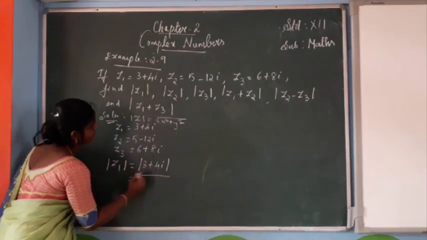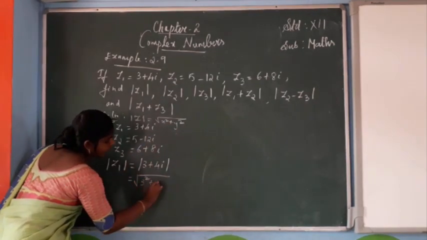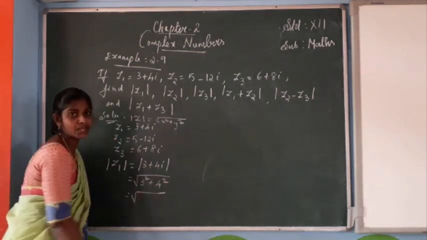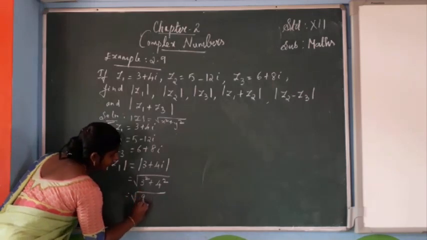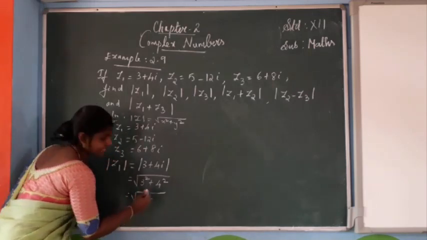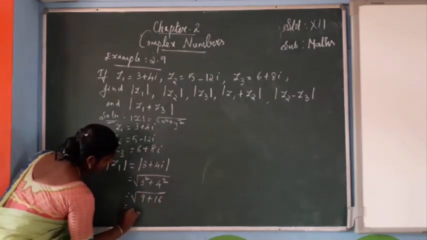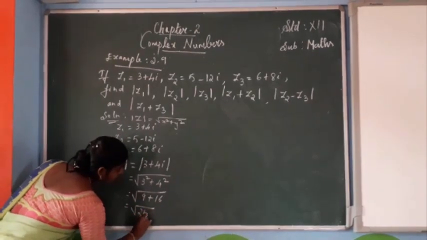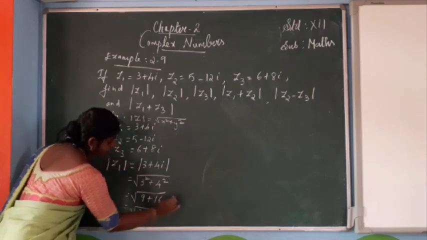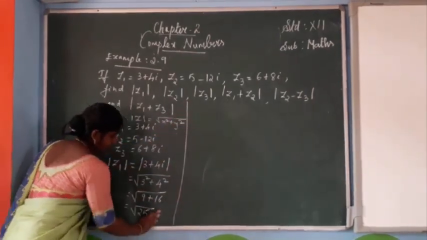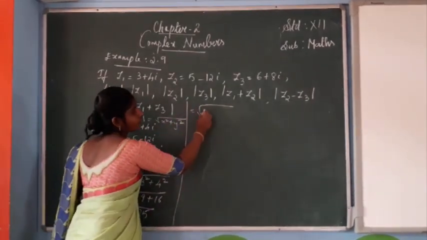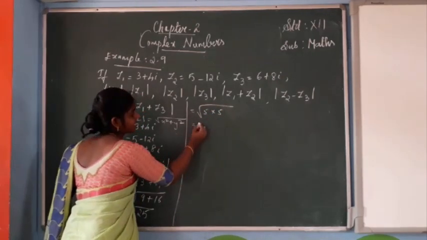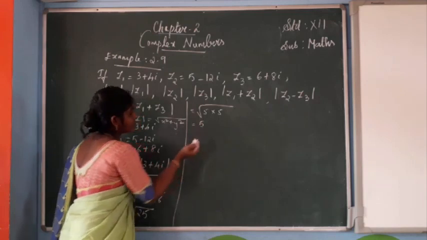So root of 3 square plus 4 square, that's equal to root of 3 square value 9 plus 4 square value 16, that's equal to root of 25, that's equal to root of 5 into 5, we can take 5 outside. So the value is 5.